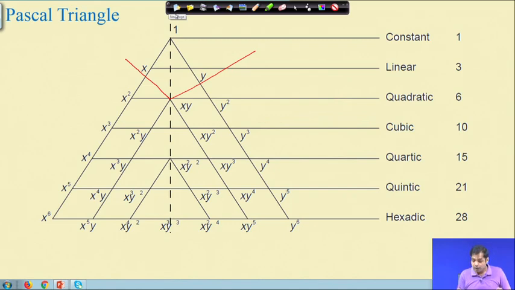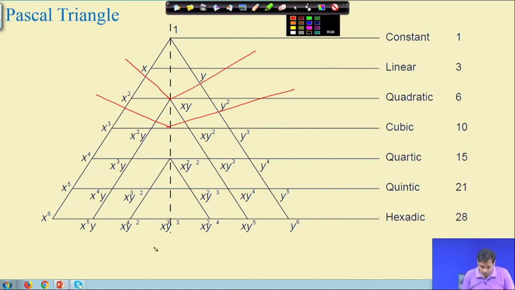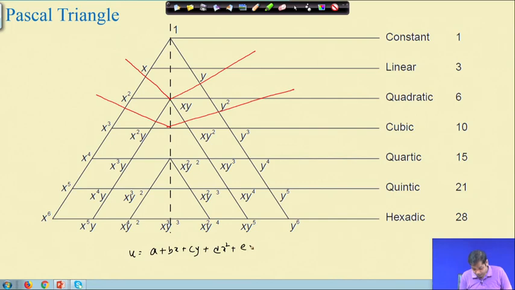If it is quadratic, then you have to take all the terms up to this level. If you recall, when we assumed that y is a quadratic, we took a plus bx plus cy plus dx square plus exy plus fy square.